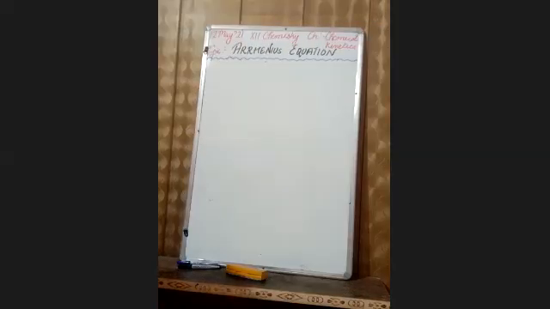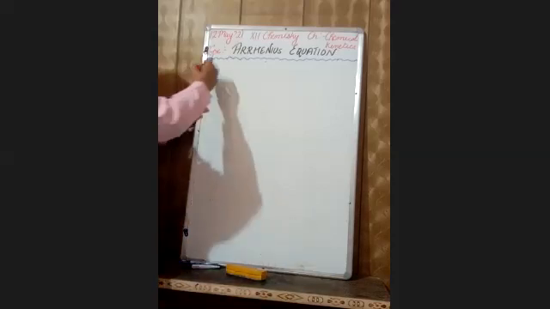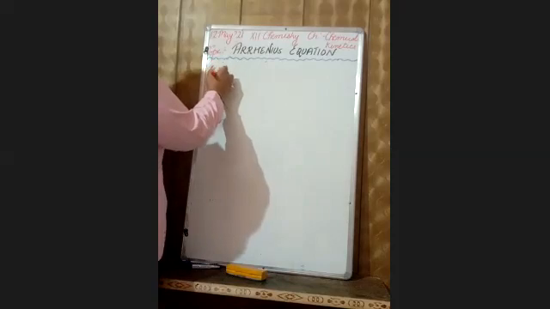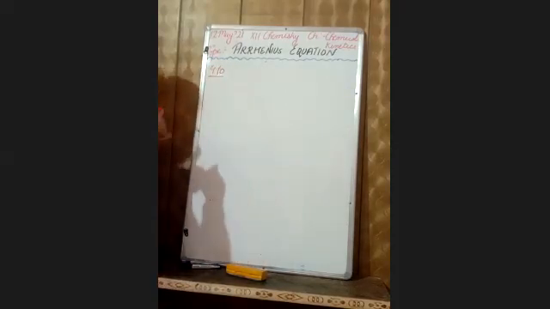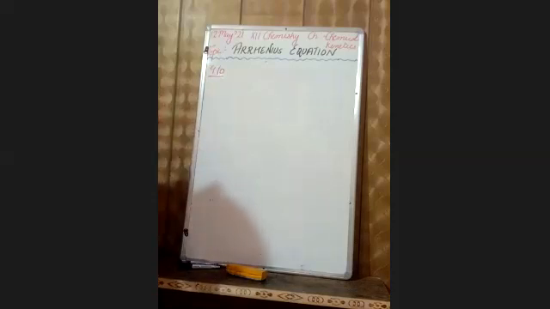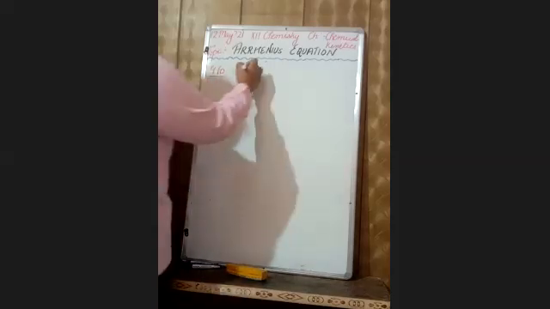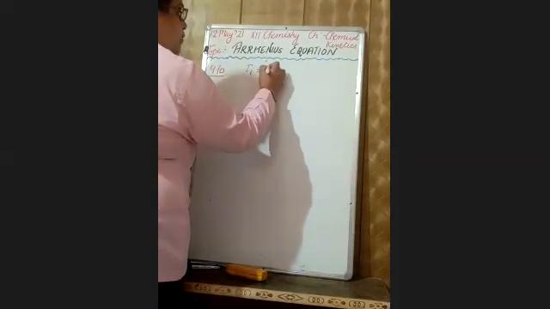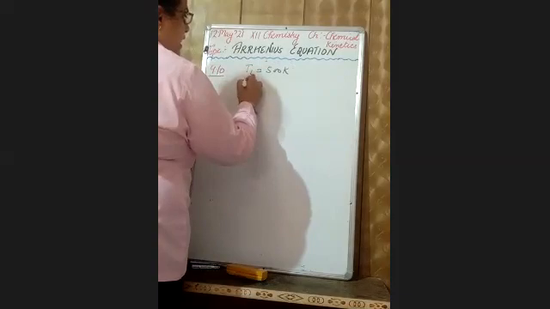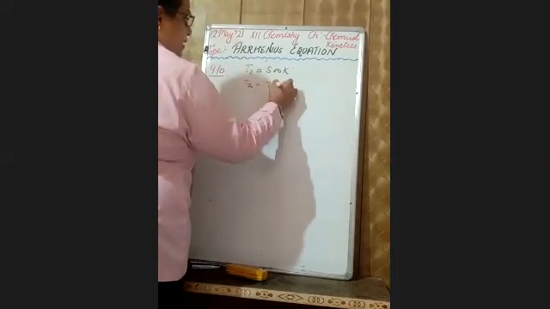In text question 4.10 of your NCERT, chemical kinetics, solve this question with me. The rate constant of a reaction at two temperatures is given to us. One is 500 Kelvin and T2 is 700 Kelvin.